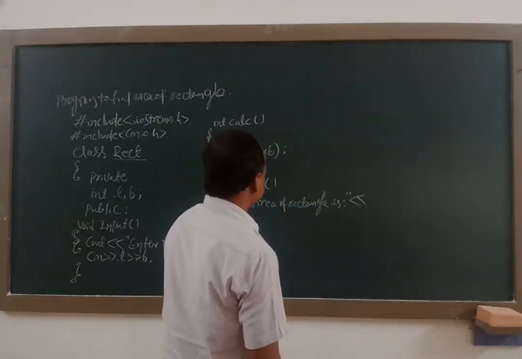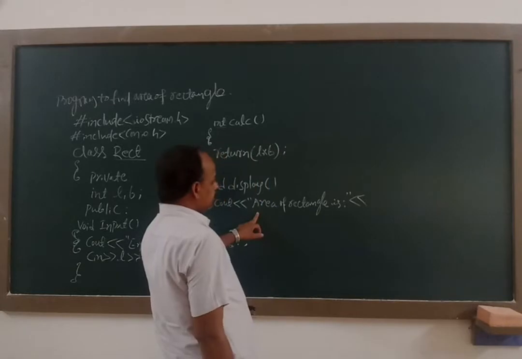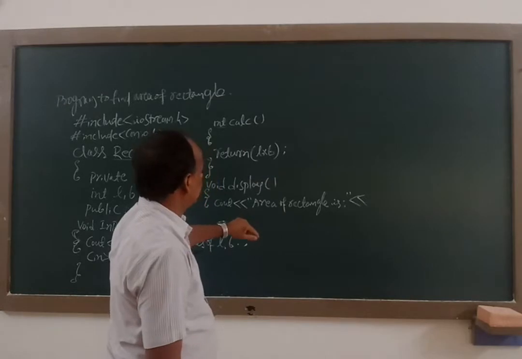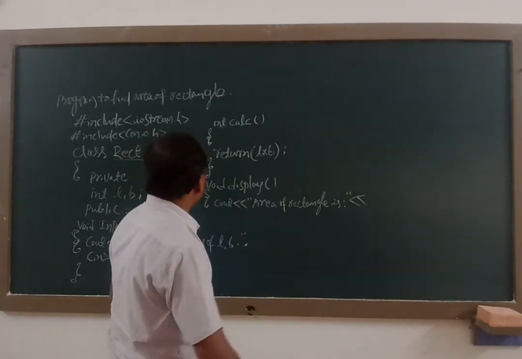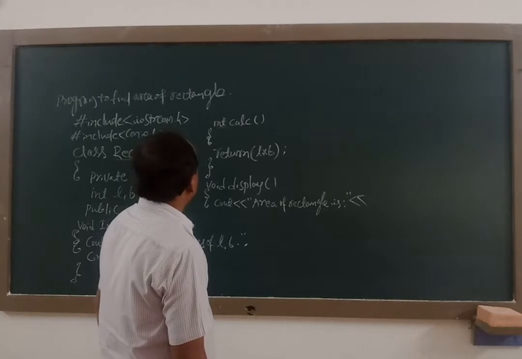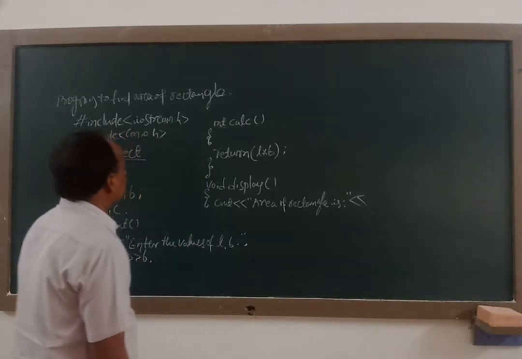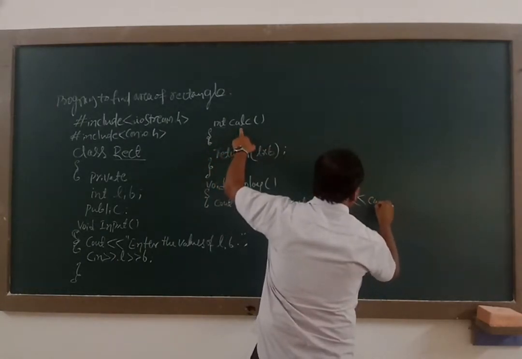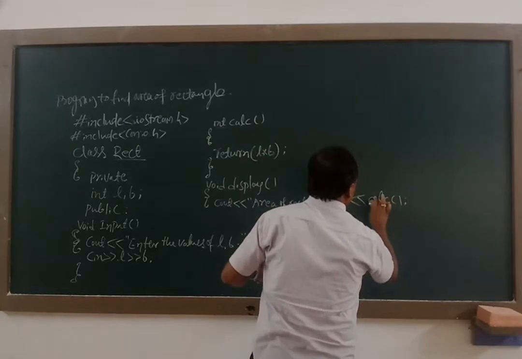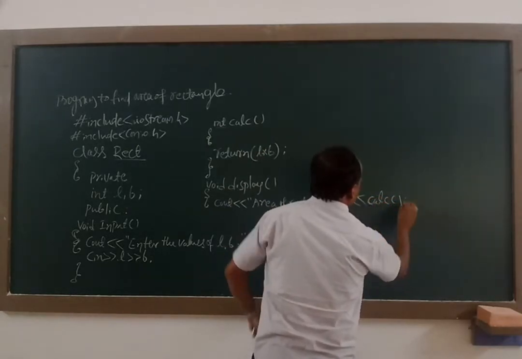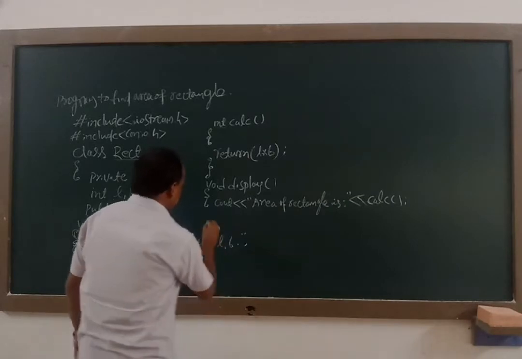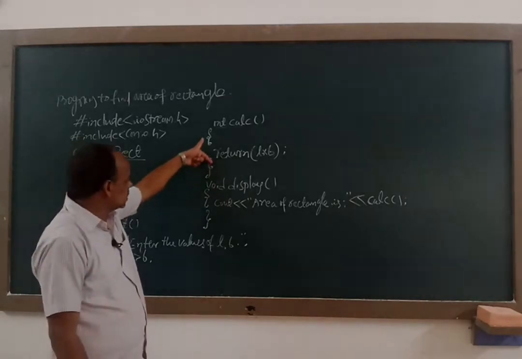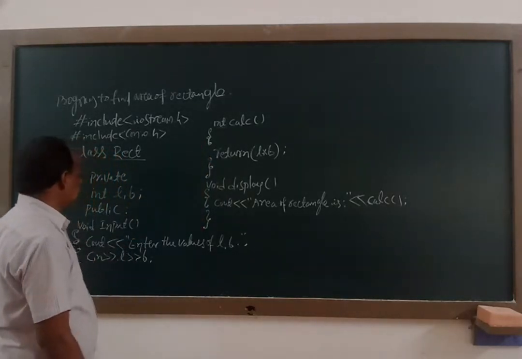See here, area of rectangle is stored in the calculate function, right? Calculate function. Next I am closing it. So now the input function is over, the calculate function is over, the display function is over, right?